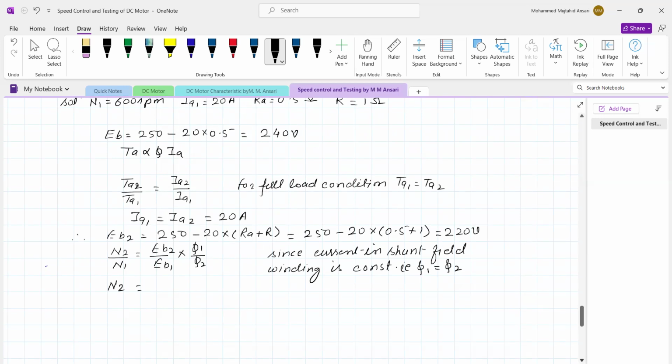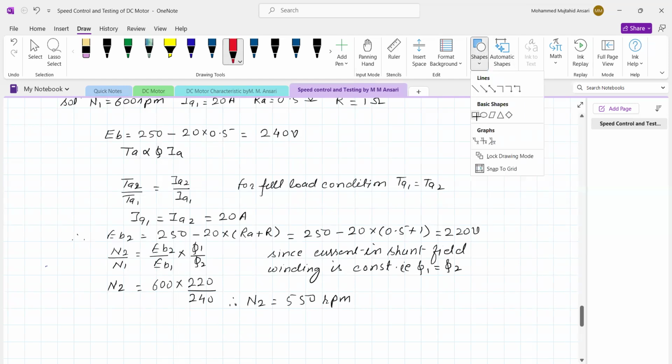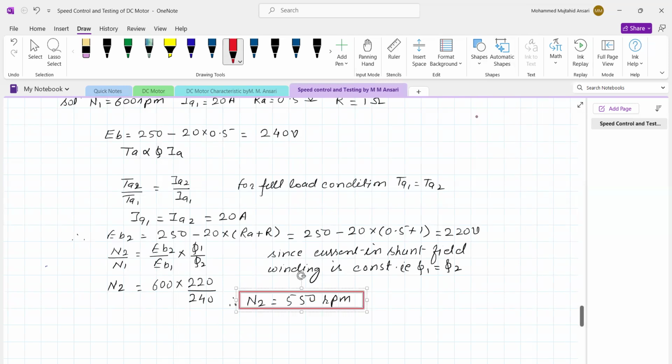So N2 is equal to 600 multiplied by 220 divided by 240. Therefore, speed N2 is equal to 550 RPM. So this is the speed at full load condition or rated condition.